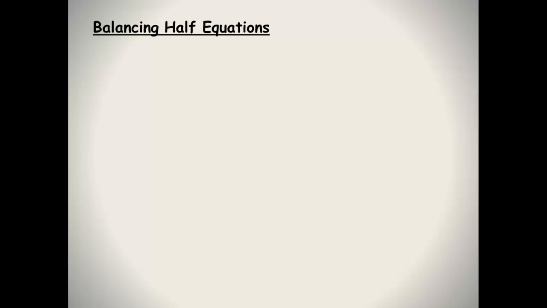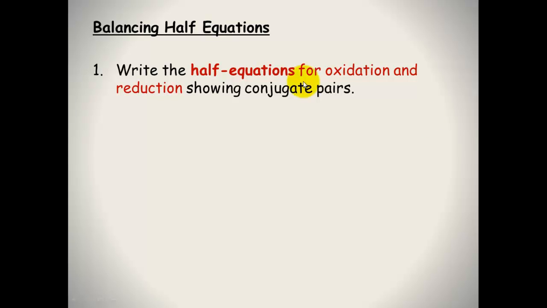Okay, so there's some steps in this, and I've put this into point form. The first part of what you'll be doing is balancing half equations, which we've already done a little bit of. So your first step is to write the half equations for both the reduction and oxidation reactions, showing the conjugate pairs.